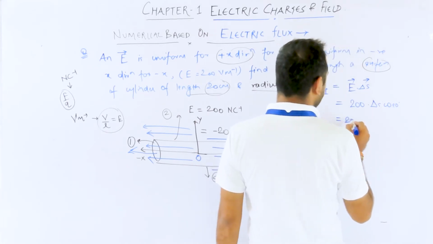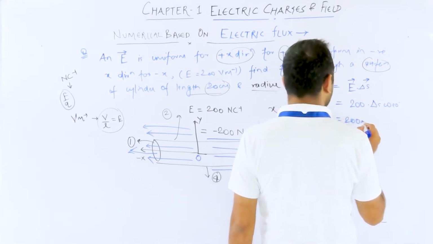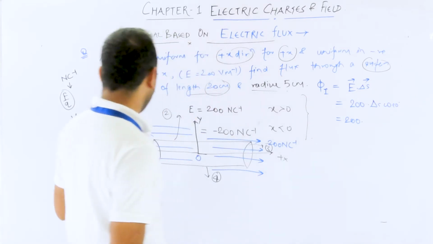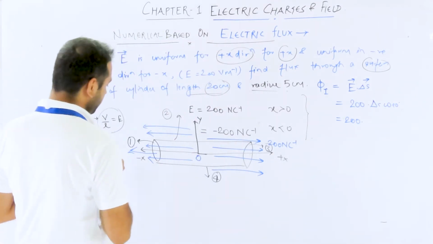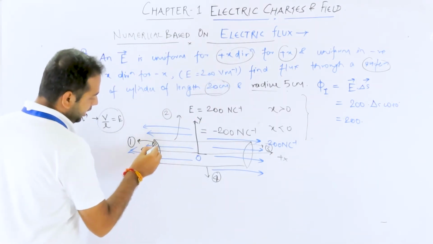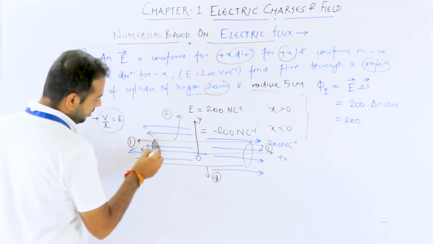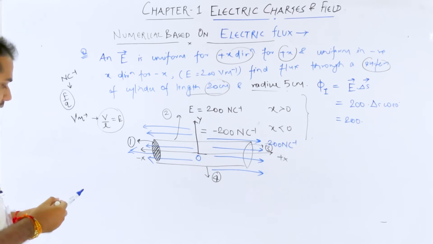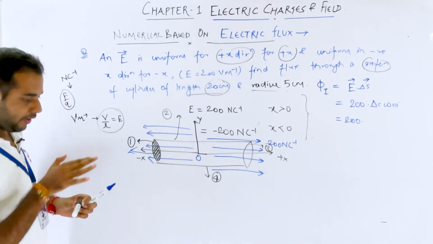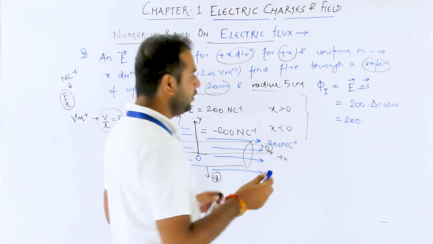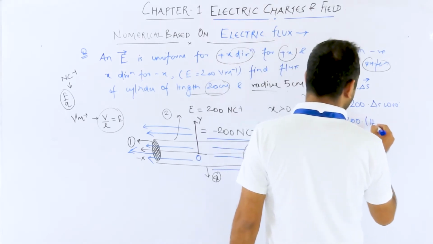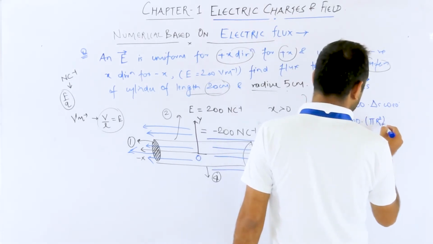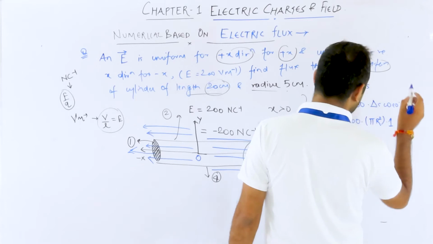Now it will come out to be 200 into what is the area? What is the area of this surface? This is simply a circular surface. So we know the area of a circular surface is simply pi r square. Cos 0 is 1.